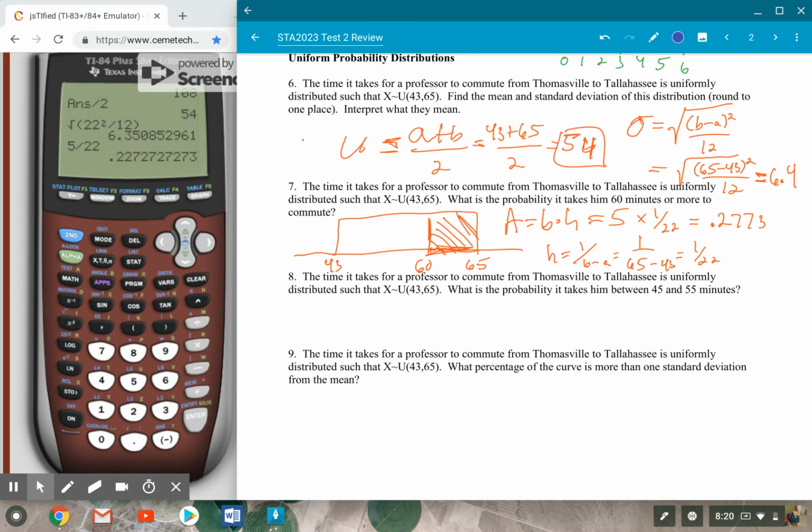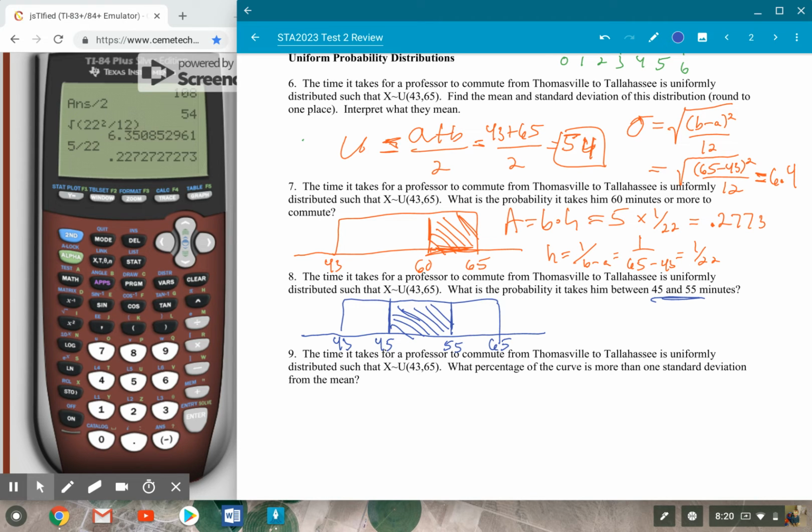Same idea in number 8. It's a rectangular distribution going from 43 to 65. We want the probability between 45 and 55 minutes. So here is 45. Here is 55. We're looking in between there.